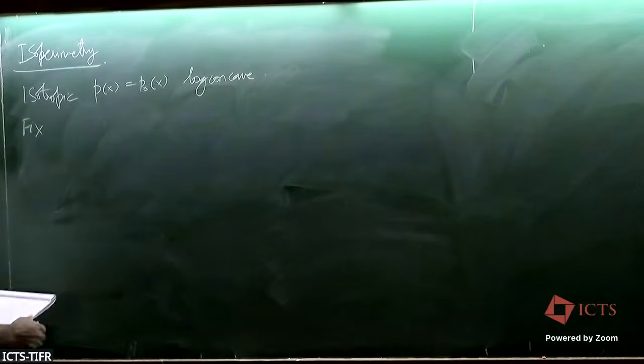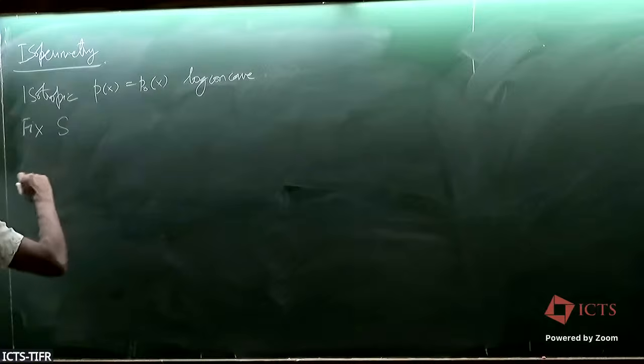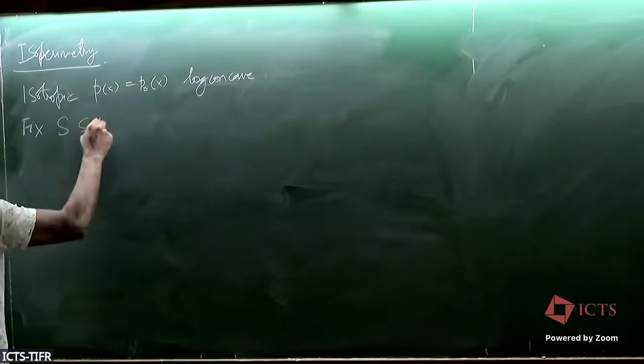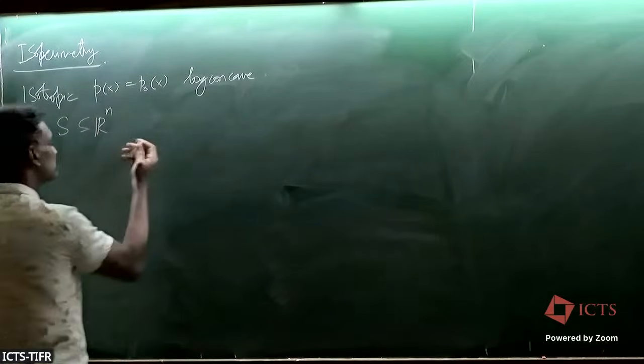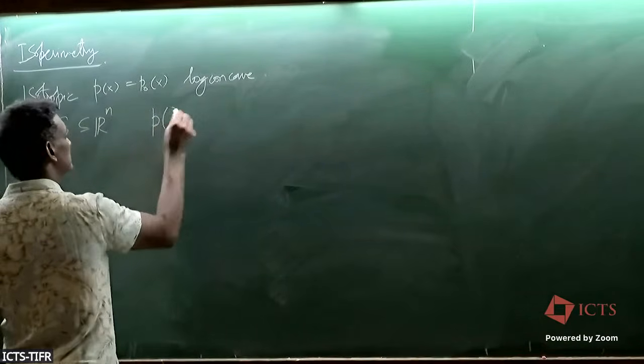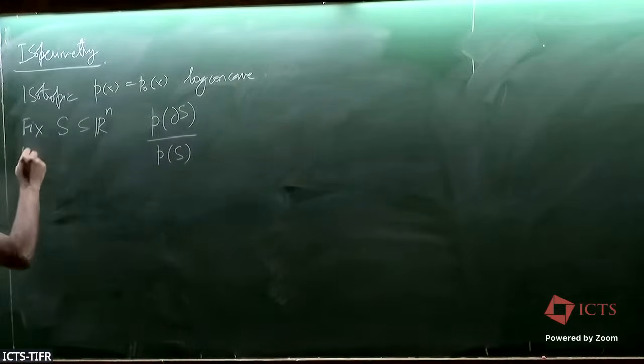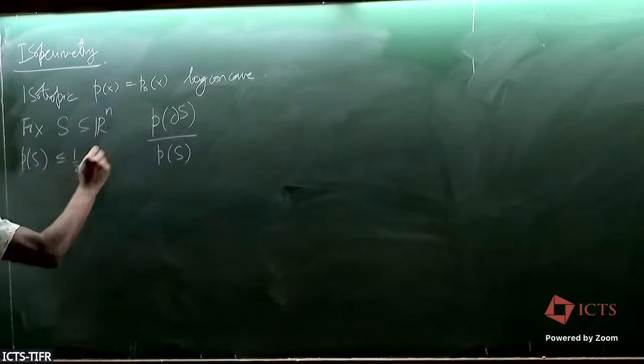Fix some set, I'll say S, and we are interested in the boundary measure of this divided by the measure of this. Let's assume P of S is less than half. This is what we're interested in.